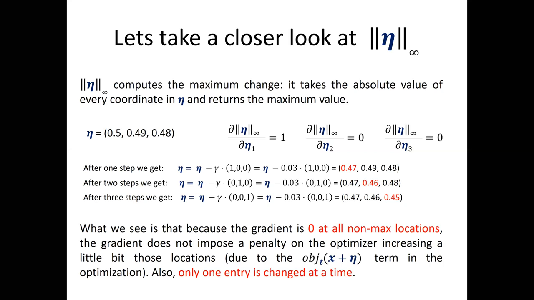So one could end up in oscillating scenarios where we are minimizing eta, but the opt function can push it higher. So we have several issues. One is this interaction with the minimization of the opt function, and the other is that we are slowly modifying only one dimension at a time. This makes optimizing this L infinity norm with gradient methods difficult.